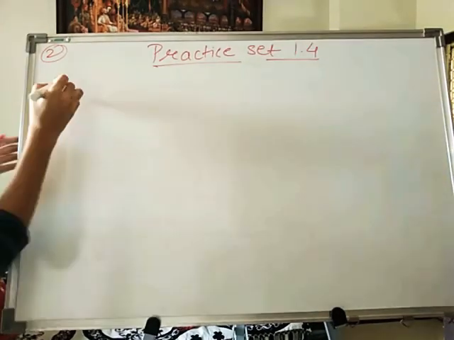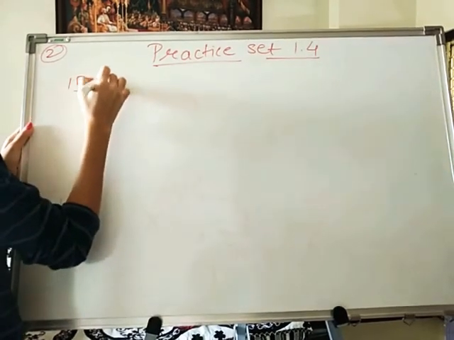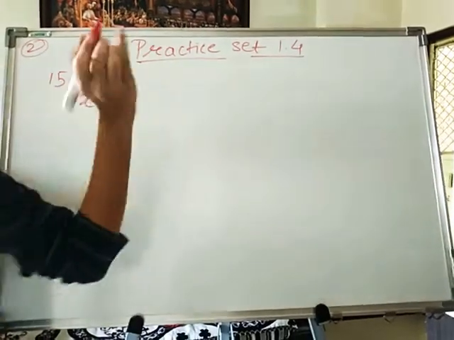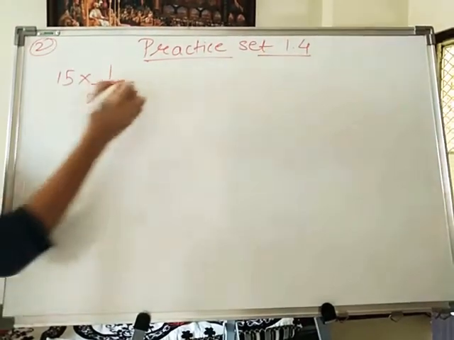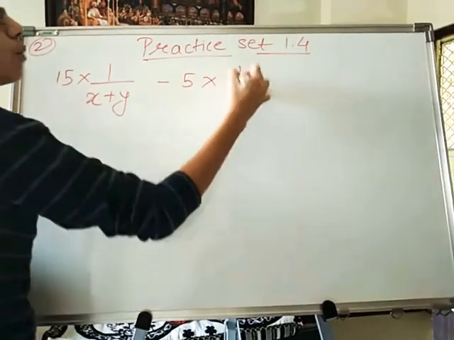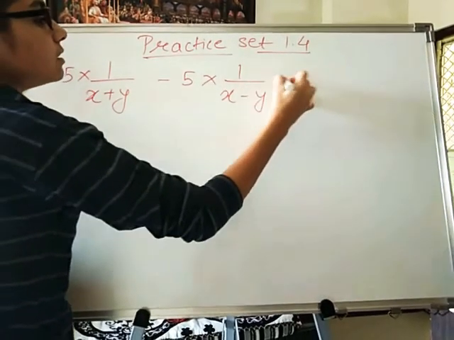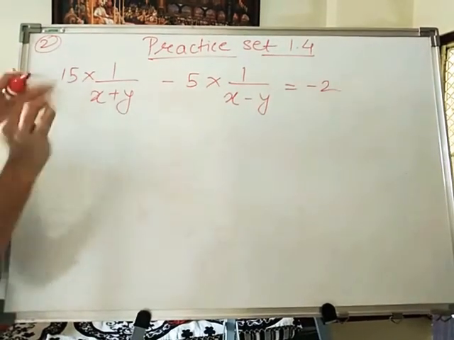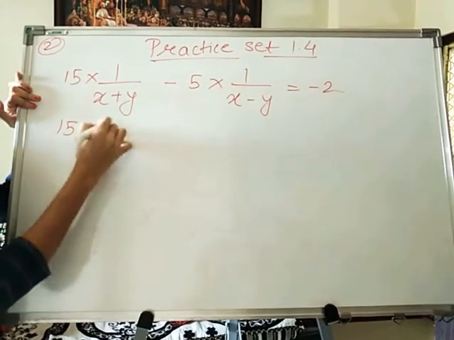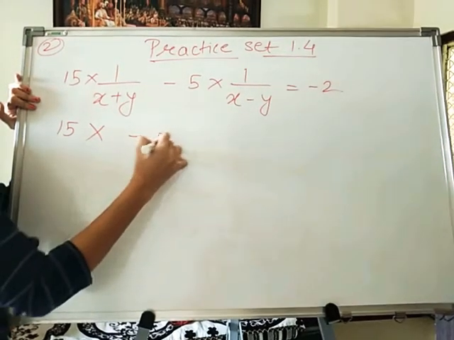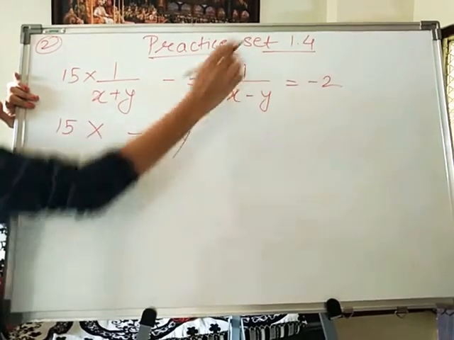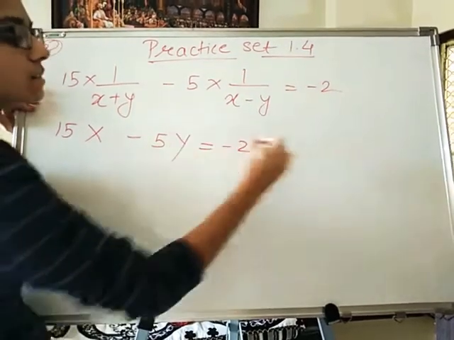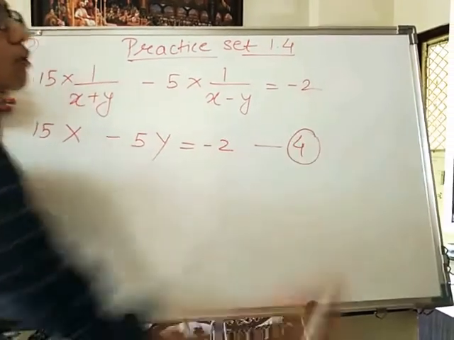What was the second equation? 15 into 1 upon x plus y, I am writing it in this manner, I am not changing the equation, minus 5 into 1 upon x minus y is equal to minus 2. What is your 1 upon x plus y? Capital X. This is 15 into capital X minus 5 into capital Y, as your capital Y stands for 1 upon x minus y, is equal to minus 2 as it is. This is your equation number 4.